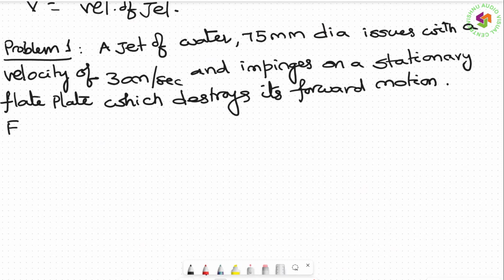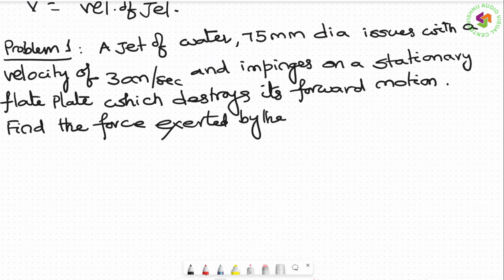Find the force exerted by the jet on the plate, and what is the work done.